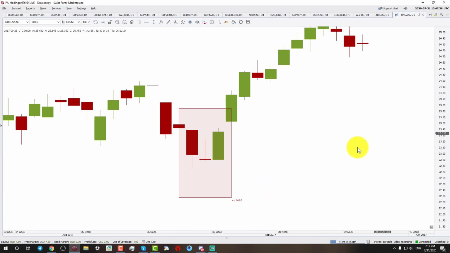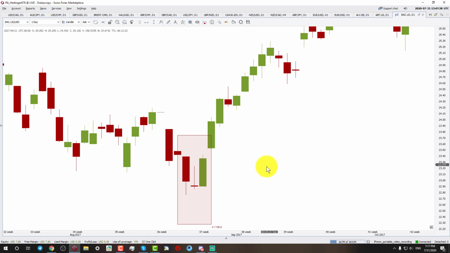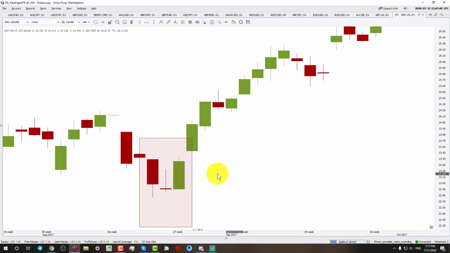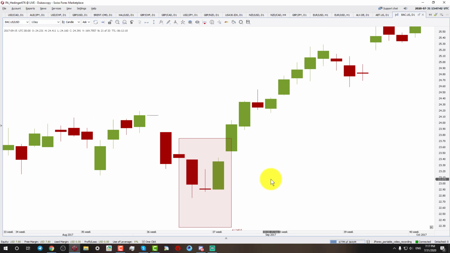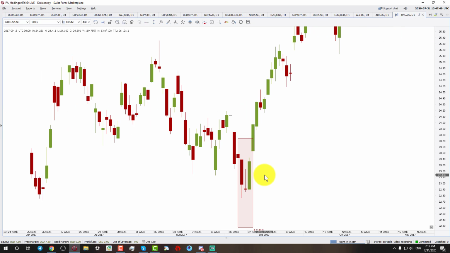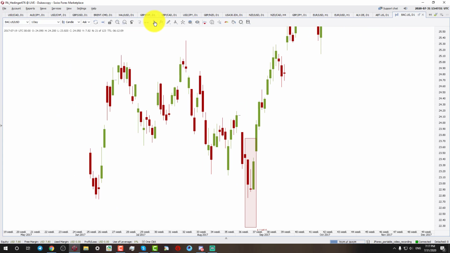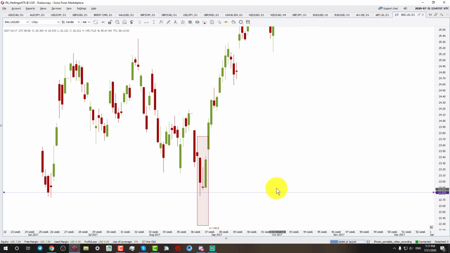And one more example I just wanted to give you, which is not as reliable as the pattern here, but you can notice that in this one, this pattern was a success. One thing is that it was right on the support level in the demand zone.